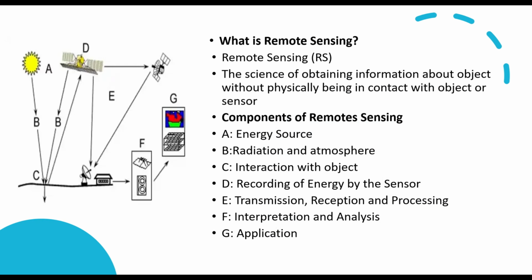Then a satellite in space records those changes in the energy. Then transmission, reception, and processing at E, and then interpretation and analysis of those imagery obtained from the satellite, and then its application.